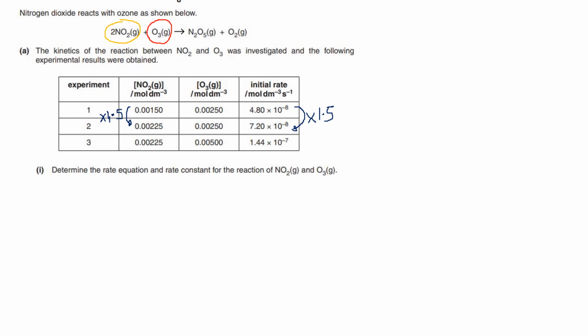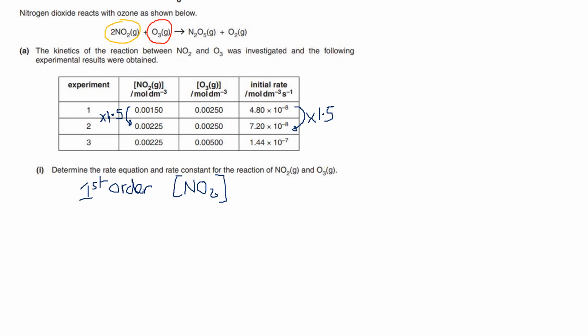So increasing the concentration of the NO2 by times 1.5 makes the rate go up by 1.5. Therefore, it is first order with respect to the NO2. And I got that by looking at experiments 1 and 2.